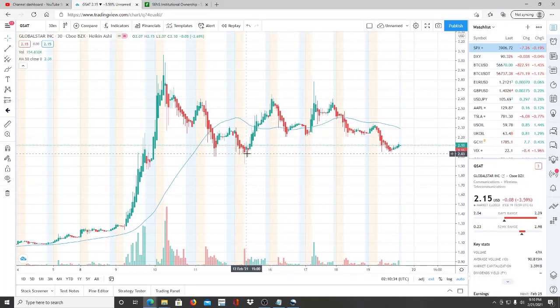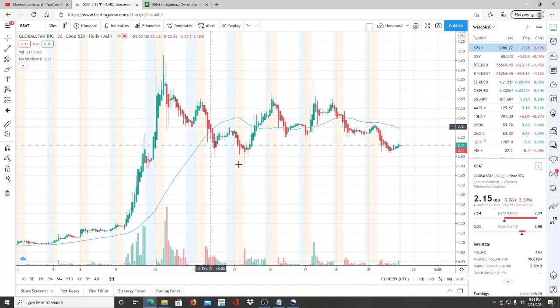Now, it did start to run up after the 12th, and then it started to come back down, run back up, come back down. Now, it's getting closer to the lows that we do not want to see this stock break through, which is close to $2. $2 is very important. It was touched 3 times, right before the lowest point reached, which was down here at 193. So we want to watch this carefully in the next coming days.